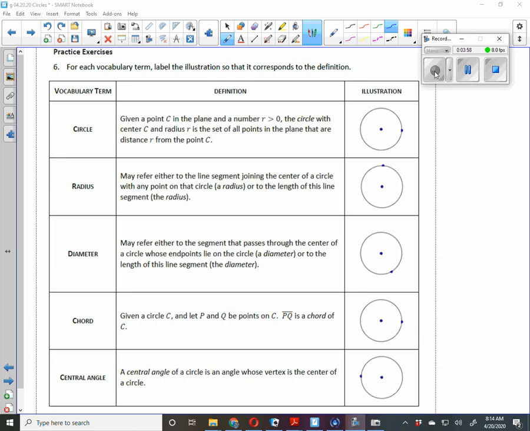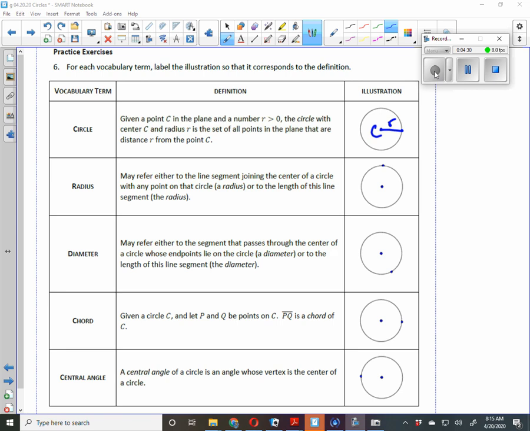Okay, so some definitions. Given circle C, they're going to name a circle by the center. In a plane, the number r is greater than 0. In other words, in order to have a circle, you have to have a radius that is bigger than 0. The radius is the distance from the center to the circle.